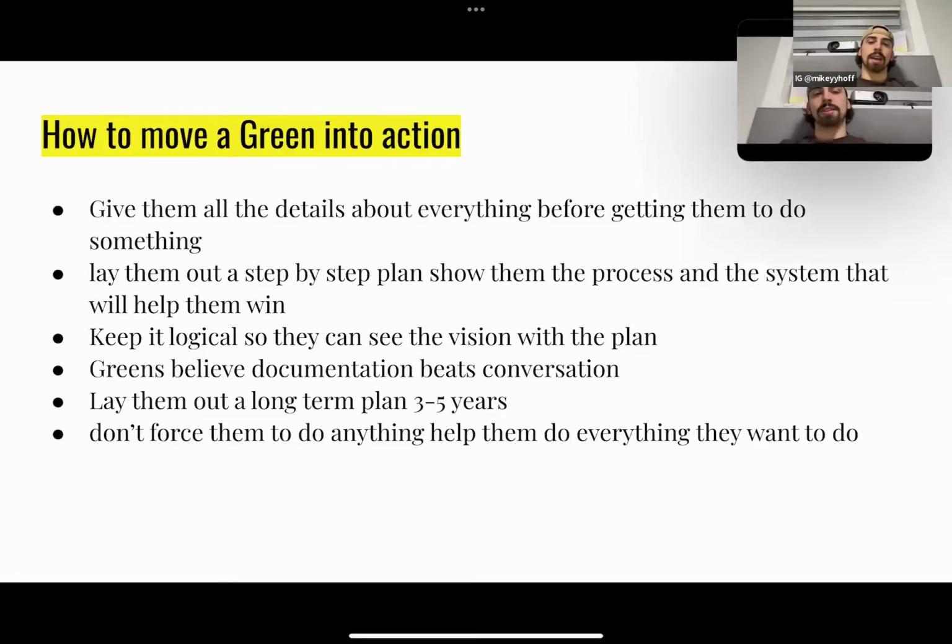All right. But with that being said, guys, that is the colors training. Hopefully, you guys all learned what each color is, right? How to be able to read these colors as well, how to get them to go into action and take action and building the business as well, right?